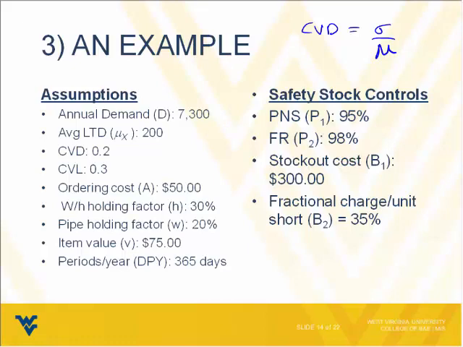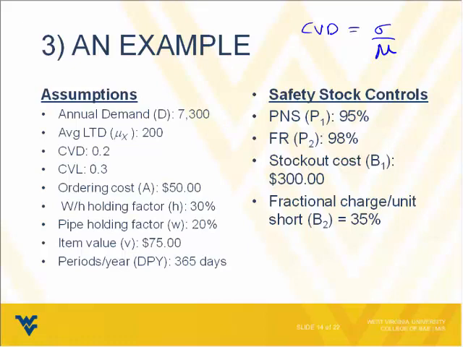The ordering cost is $50 for each order. You have a holding factor of 30% for your warehouse inventory and 20% for your pipeline inventory. You have an item value of $75 and you assume 365 days, so you're working 365 days of the year. Sometimes you can assume that you're working 250 days of the year if you're in a retail environment and you're not operating every single day of the year.